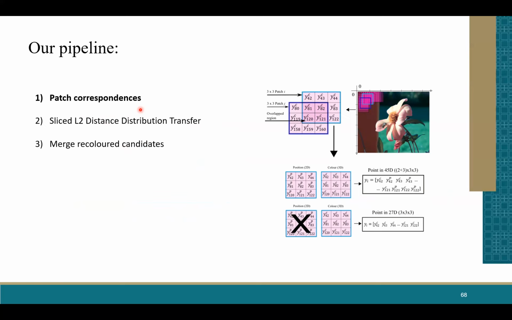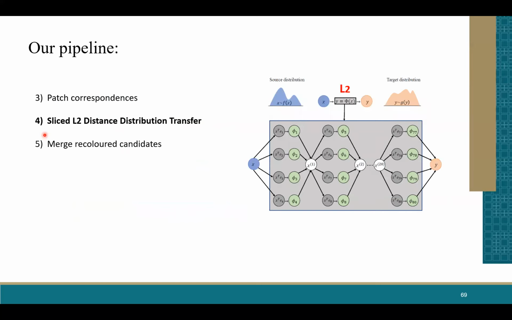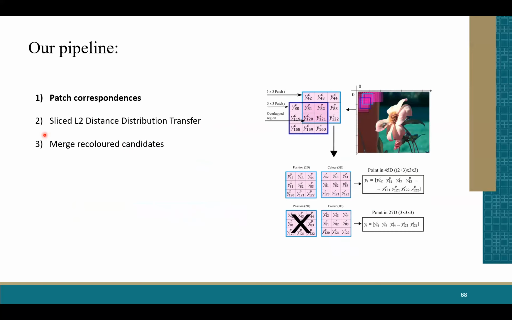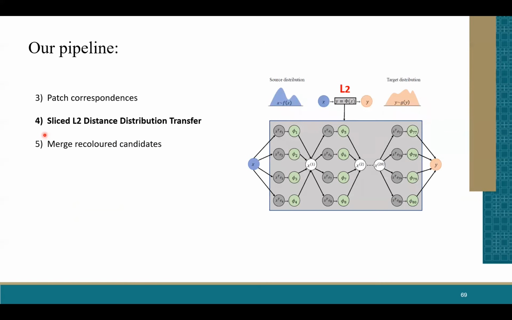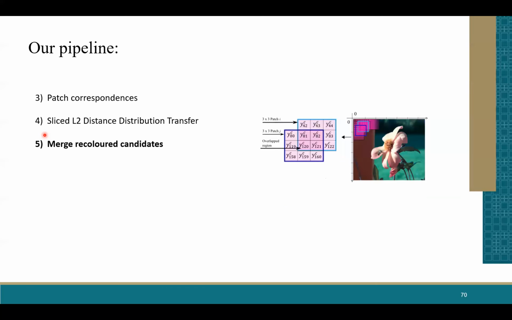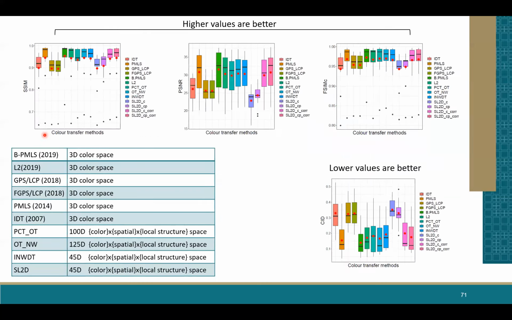We create the overlapping neighborhoods and the high-dimensional point descriptors, and when we go to 1D subspaces, we use the L2 framework to estimate the parametric mapping function. After the transformation, we merge the recolored candidates and produce the final recolored output image.